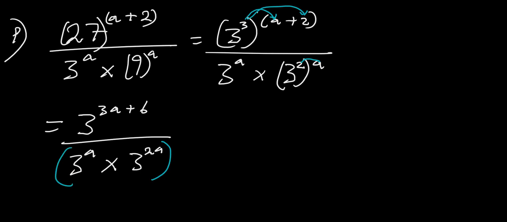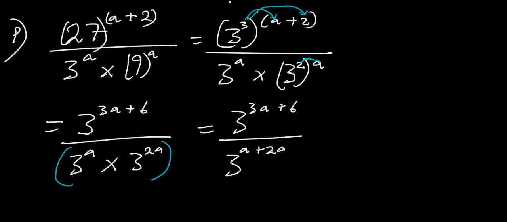So we're going to keep the base and add the exponent. So when we do that, this will become 3 exponent 3a plus 6 over 3 exponent a plus 2a. And this will be equal 3 exponent 3a plus 6 over 3 exponent, so a plus 2a is going to give us 3a.